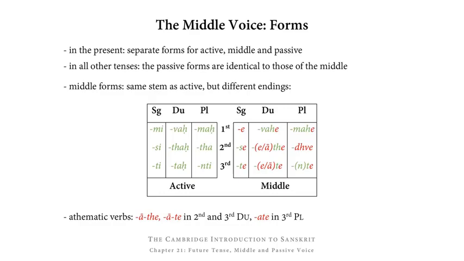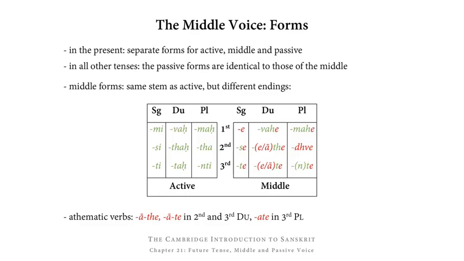Then, second and third dual, we again have forms that are very similar to each other, with the only difference being that the second dual form involves an aspirated t, whereas in that same place the third person dual form has an unaspirated t. So in the active we have thah and tah, whereas in the middle we have ethe and ete.